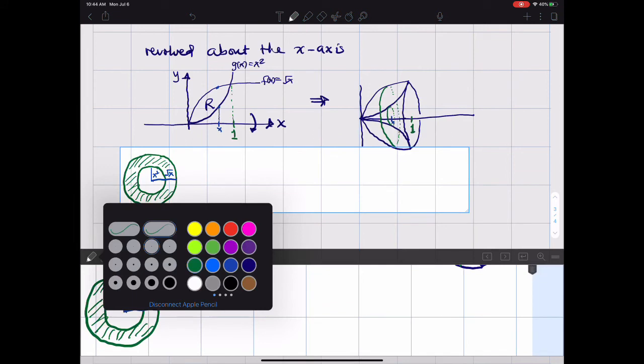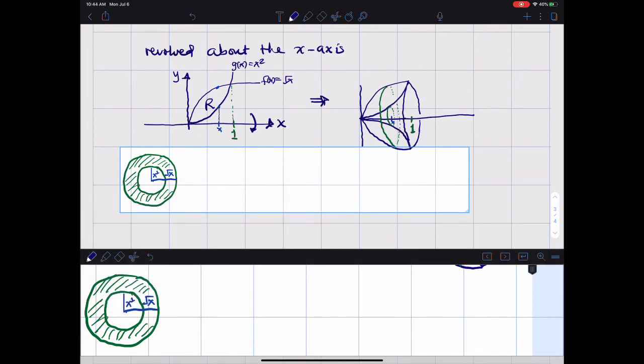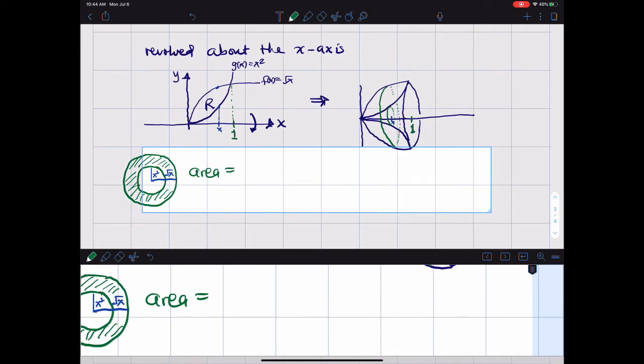So again, I want you to think of just finding the area of this figure. All right. In actuality, it's better to think of it as the volume and multiply by delta x, but it just makes things easier if we think of the area. So the area is equal to the area of the larger circle minus the area of the smaller circle.